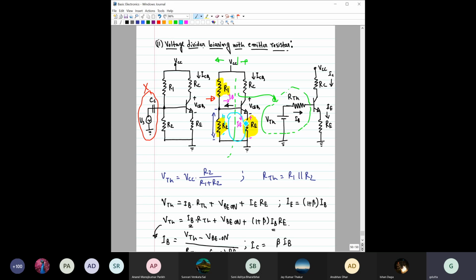But you are increasing the drop across RE, so from this KVL, if the drop across RE has to increase, then somewhere some voltage has to be dropped. That voltage drop will occur across VBE, so the voltage drop across VBE will now decrease. When VBE decreases, it will reduce IC, right? Basically, it gives a negative feedback effect in this circuit, and in this way it will stabilize the bias point or the Q point.